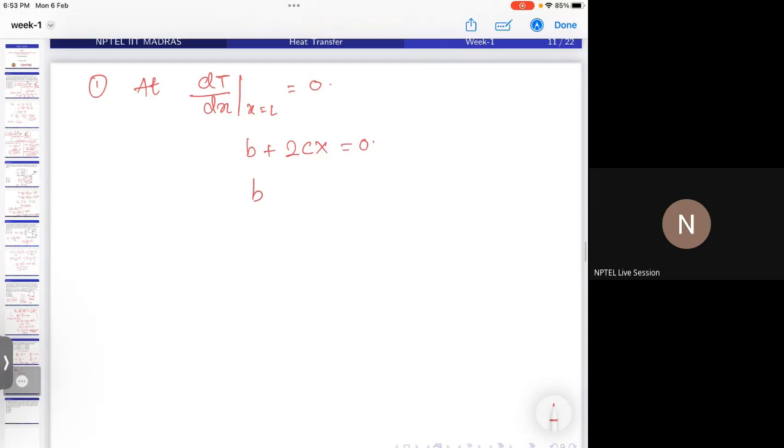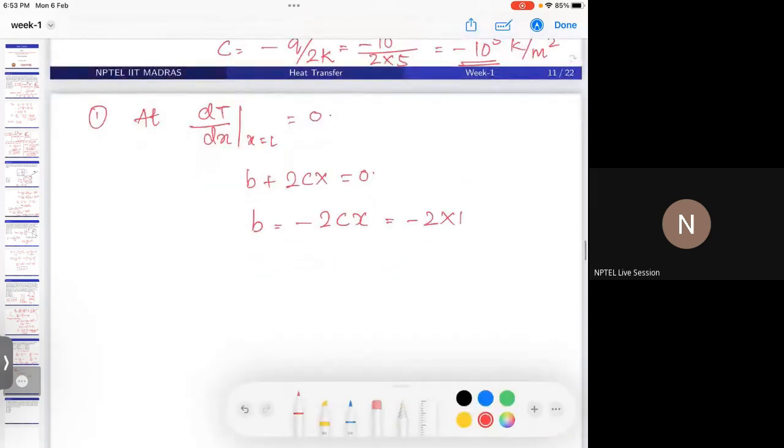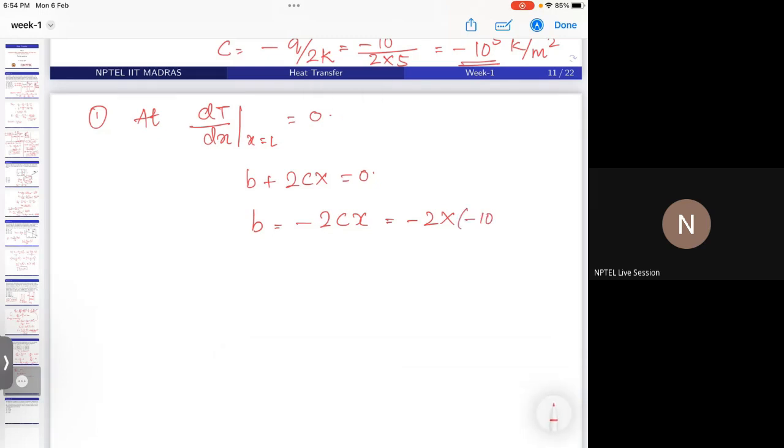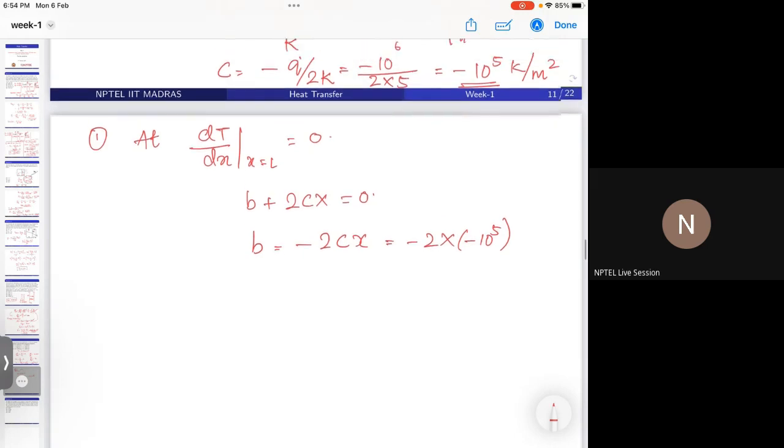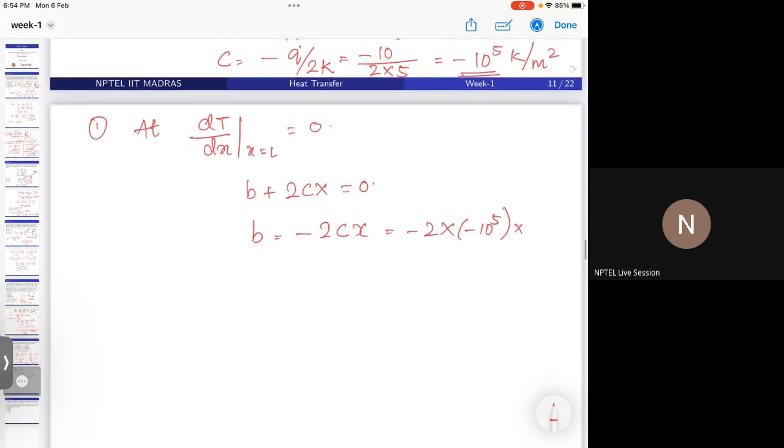So what is B? Can you please tell? B is minus 2Cx. That is minus 2 into minus 10 raised to 5 into x, which is 50, so 50 into 10 raised to minus 3.